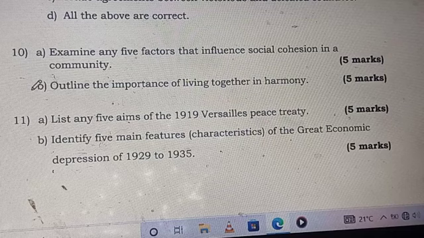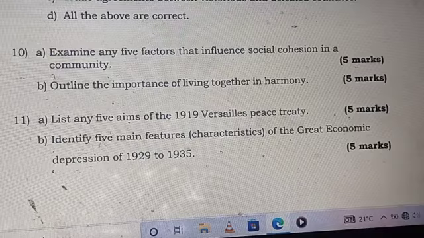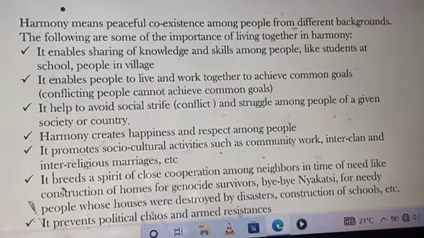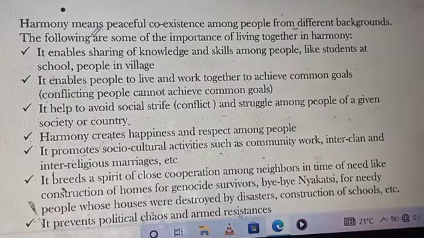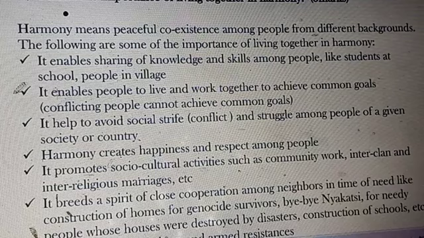Let's continue to B: outline the importance of living together in harmony. Harmony means peaceful coexistence among people from different backgrounds. The following are some importance of living together in harmony.